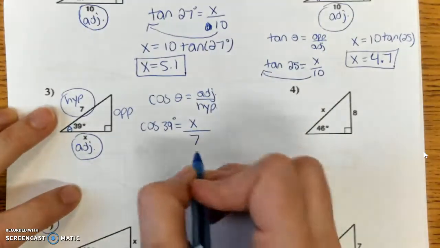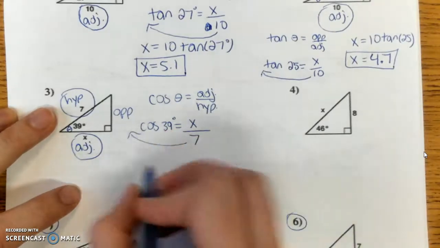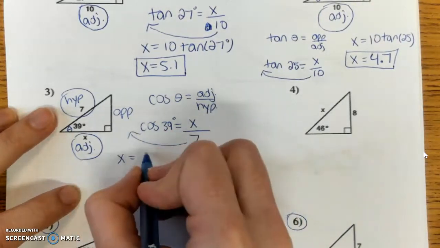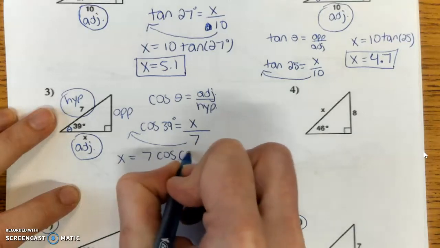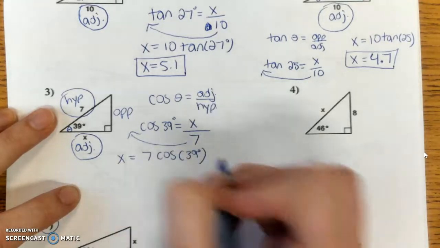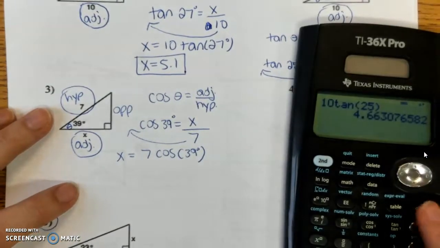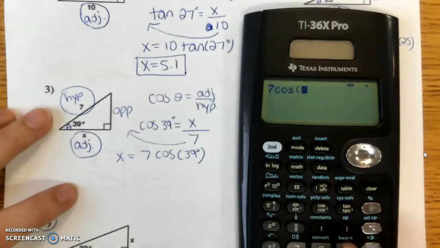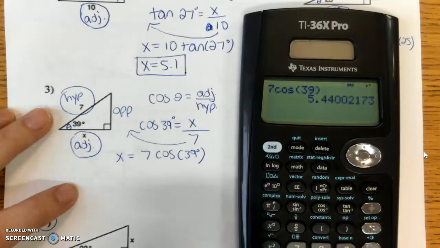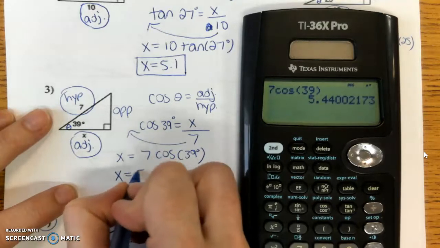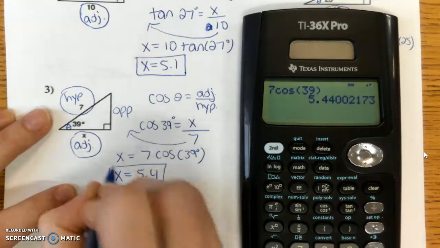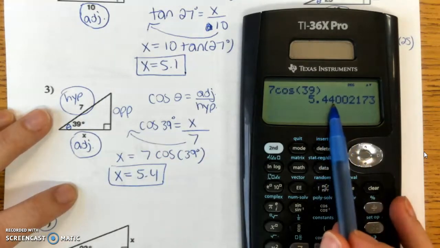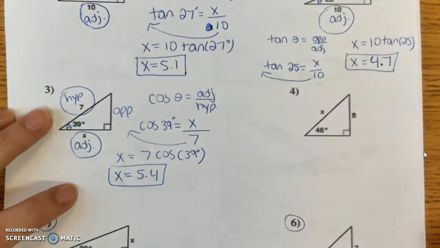All right, I know that x is on top, so I kick the 7. So x is going to equal 7 cosine 39 degrees. 7 cosine 39. That's going to give me x equals 5.4. And again, the 4 stays a 4 because the number after it is 4 as well.